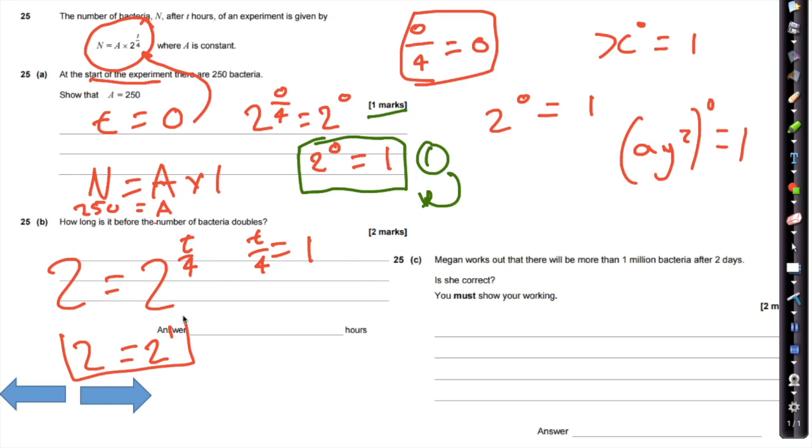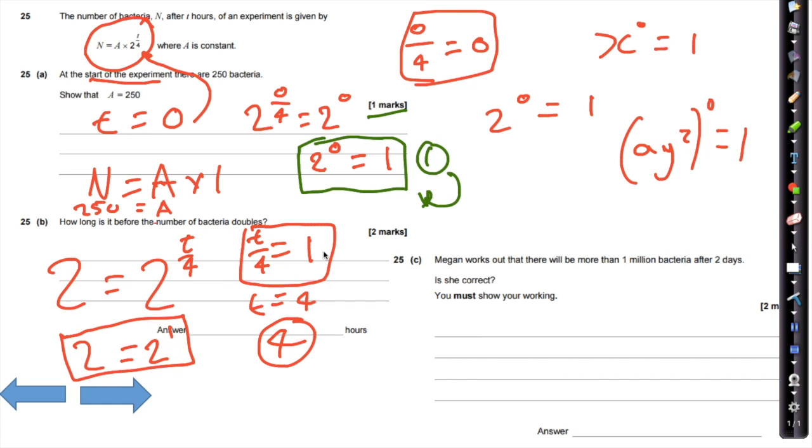We must show the examiner an understanding of 2 equals 2 to the power of 1. As t over 4 equals 1, we can solve that equation by multiplying by the denominator. So t equals 1 times 4, which is 4, so it's going to take 4 hours.